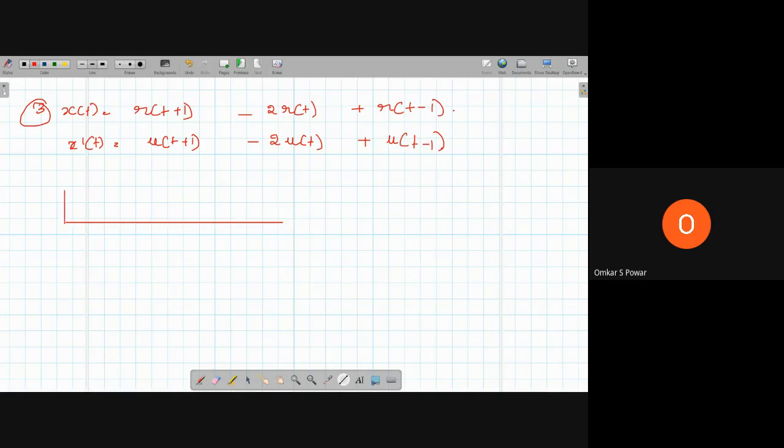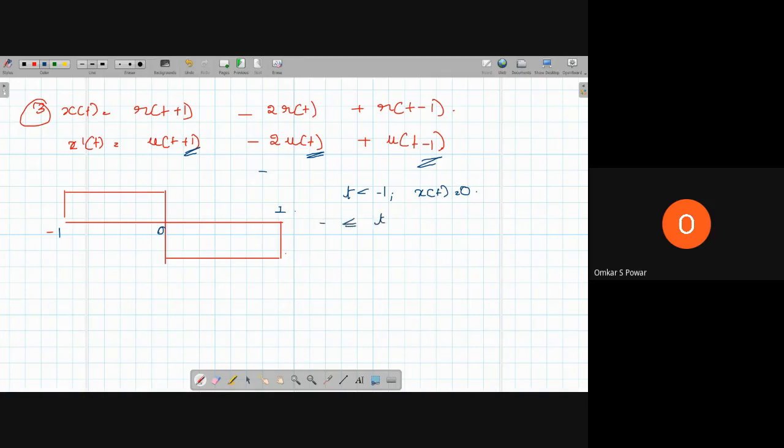So it will be like this, same thing. Minus 1, 0, 1. So how do we get this plot? Again, for t less than or equal to minus 1, x of t is equal to 0, like previously I have solved.